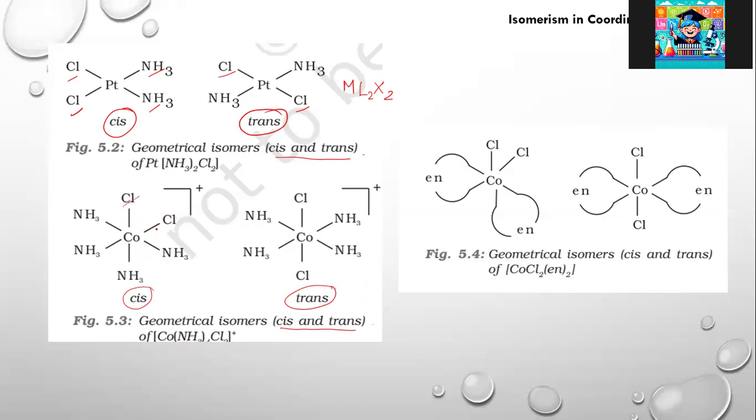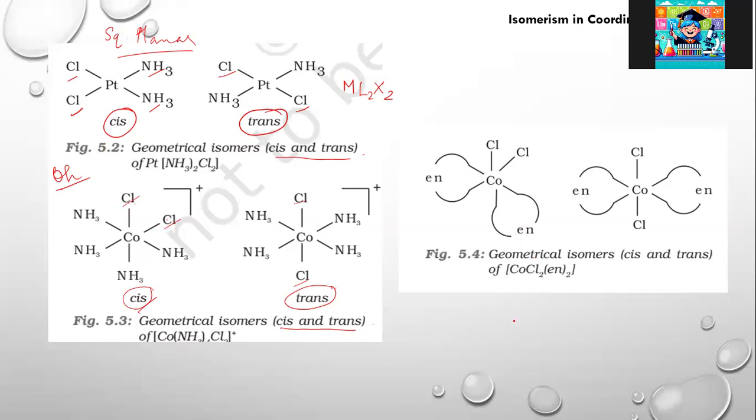Cis isomer means the same atoms or groups, here we are considering Cl, chlorine, are closer to each other. Both chlorines are closer to each other, that is a cis isomer. And when the chlorines are opposite to each other, this is known as trans isomerism. This is an example of cis-trans isomerism for octahedral complexes. This is square planar, and this is an octahedral complex.